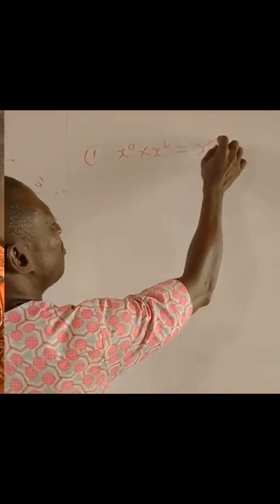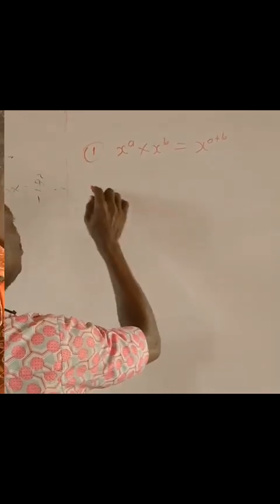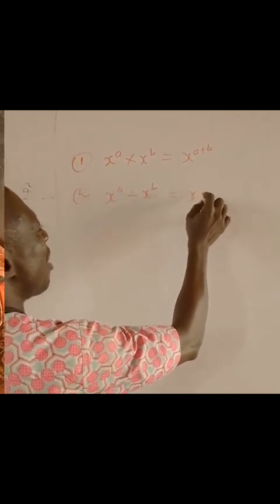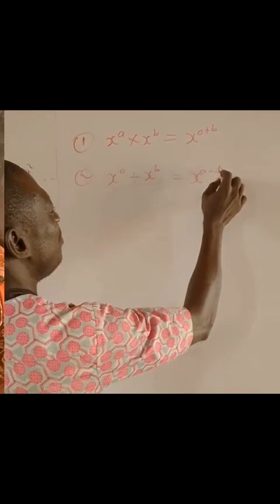Remember, they are: 1, x raised to the power a times x to the power b equal to x to the power a plus b. 2, x to the power a divided by x to the power b equal to x to the power a minus b.